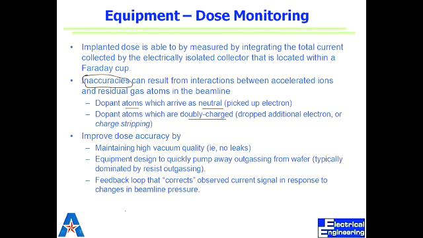How do we improve it? High vacuum. And high vacuum results in something else which we have talked about before, increasing the mean free path. So reducing the number of collisions, an ion can travel without coming into contact and deflecting with another ion or another gas in the system.